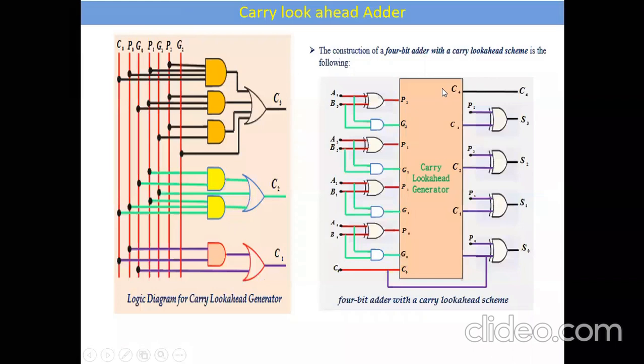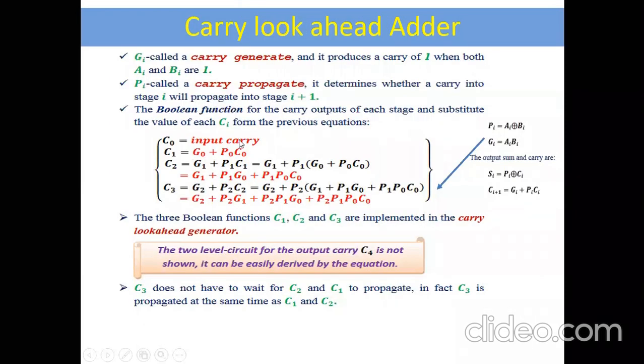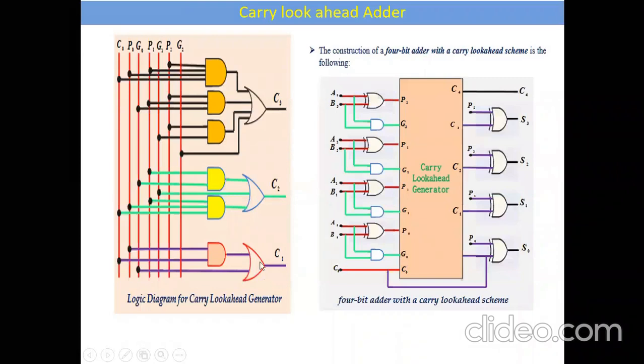See here, we know the equation for C1. Implement the equation. We take the inputs C0, P0, G0, P1, G1, P2, G2. From these inputs, we know the logic equations. Based on these equations, only multiplication and addition, only AND gates and OR gates, draw this diagram. Now we got C1, C2, C3.